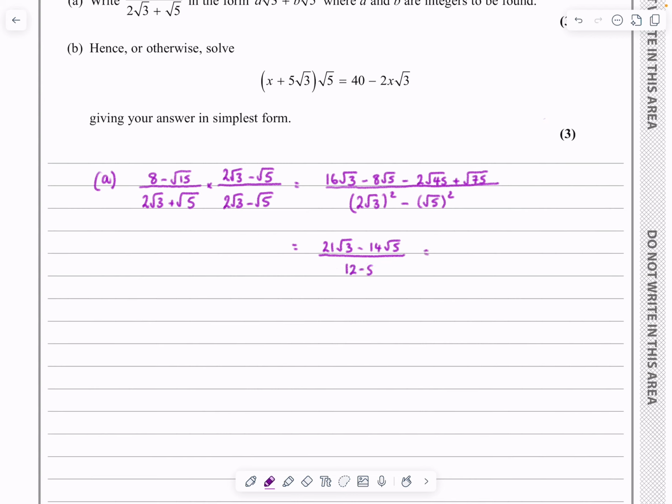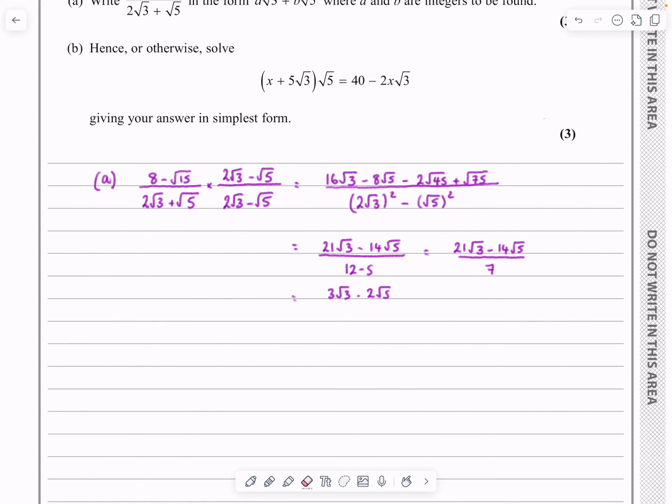So then that works out to be 21 root 3 minus 14 root 5 over 7, which obviously, I'll put that in, 21 root 3 minus 14 root 5 over 7. That's a really well worked question, because obviously 7 can cancel into both of those two. So I'll actually end up with, let's put it down here, equals 3 root 3 minus 2 root 5.